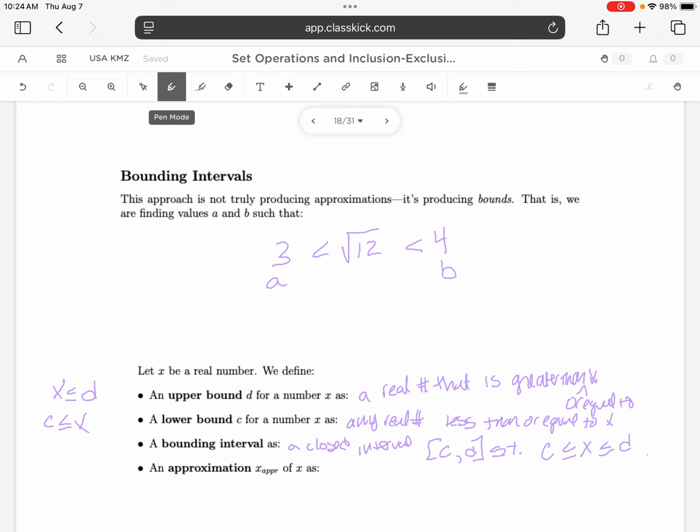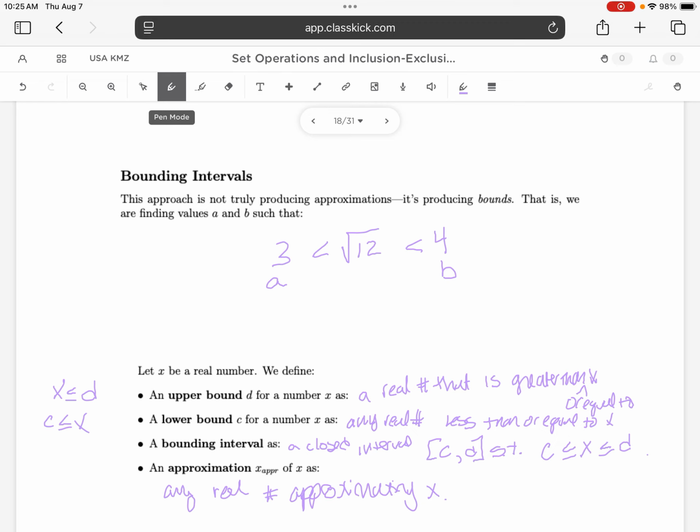And an approximation is really just any real number that's used to approximate x. So we write x sub approx, x sub approximation, to be any real number approximating x. It might not be a good approximation, right?